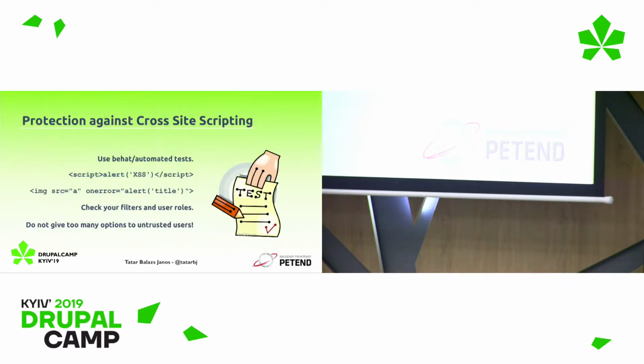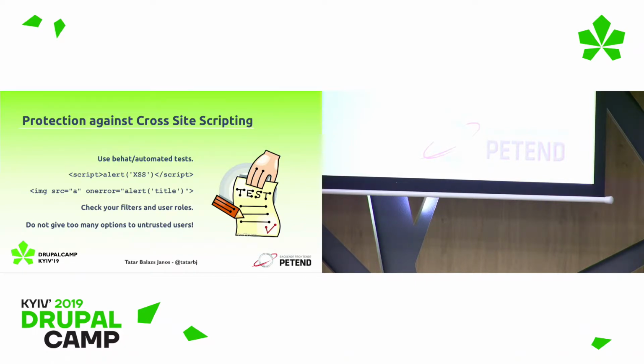Let's see what we learned and what we know about protection against XSS. Basically, we can use Behat and automated tests, which I try to advocate anytime, with those 2 examples, which cover about 90 to 95% of XSS issues.